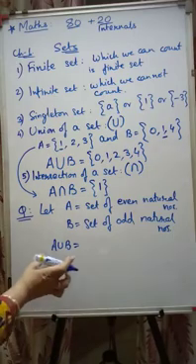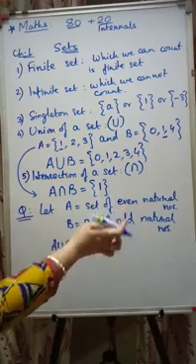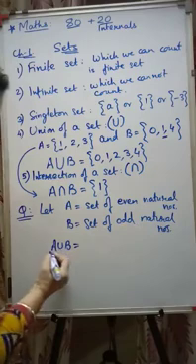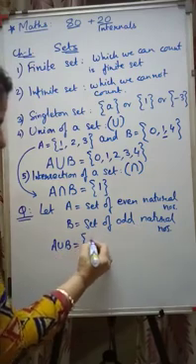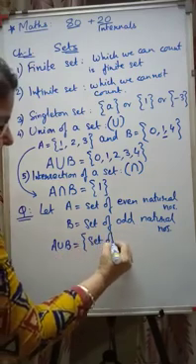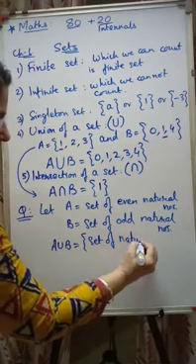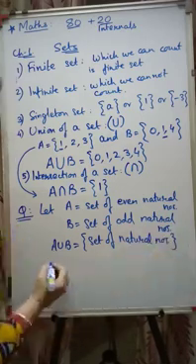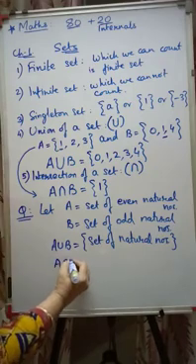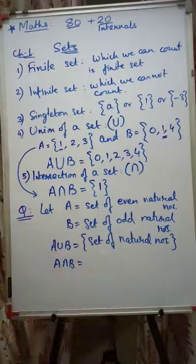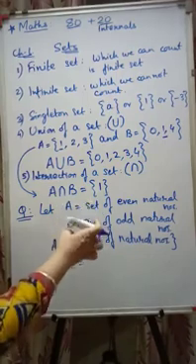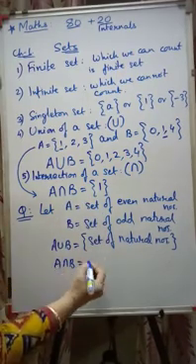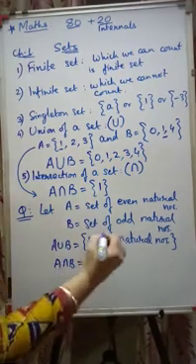A union B, even and odd, so the union will be the set of natural numbers. All natural numbers will come. What will be the intersection? Is there any common element? No. So the intersection is the null set.